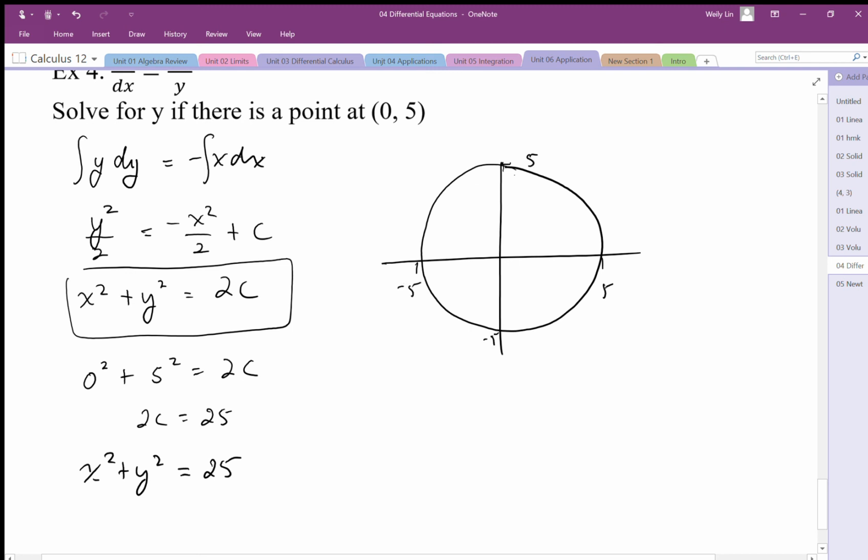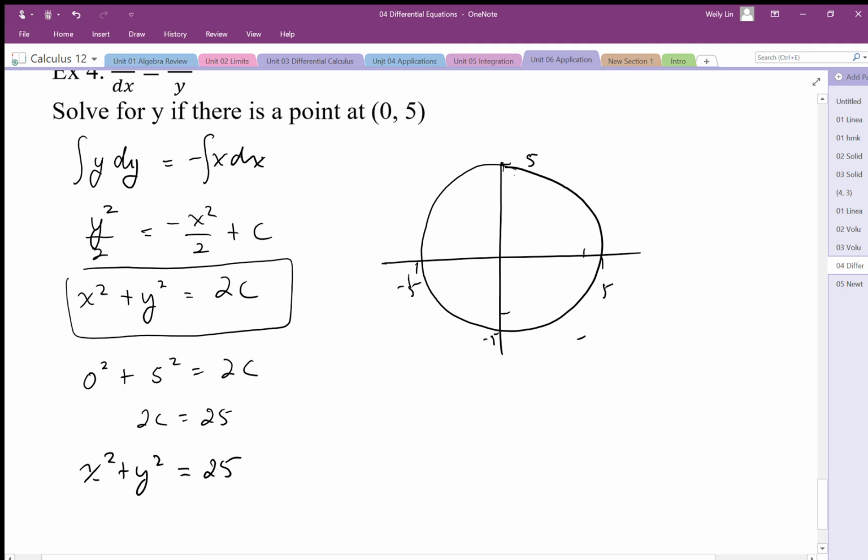The slope field has a whole bunch of line segments that look like they're going around in a circle. So the slope field gives you an idea what the general solution should look like, and if we go through that specific point (0, 5), we will get this particular circle.